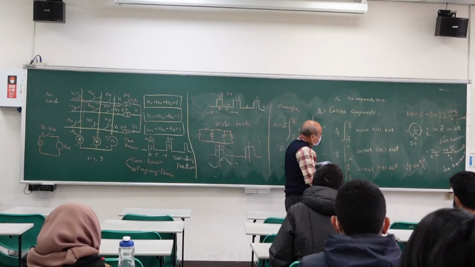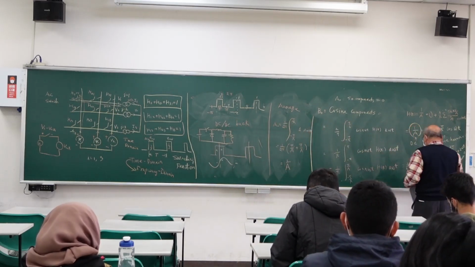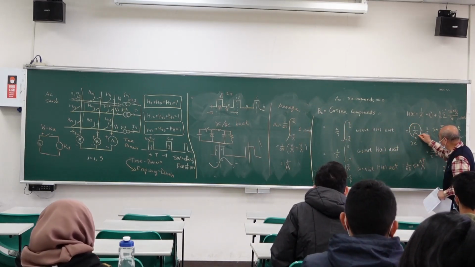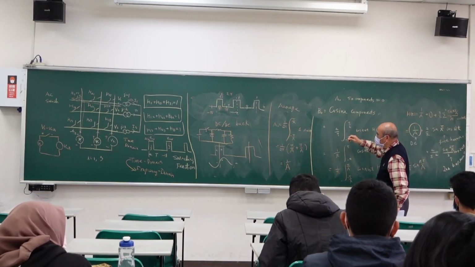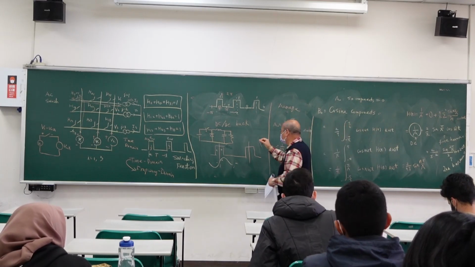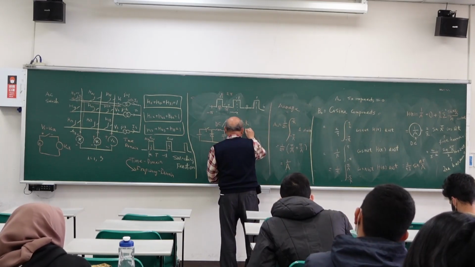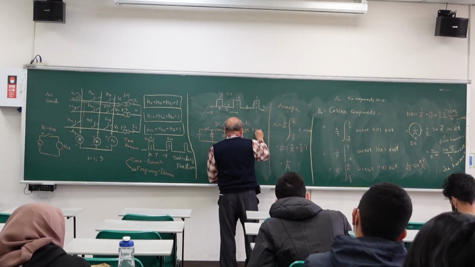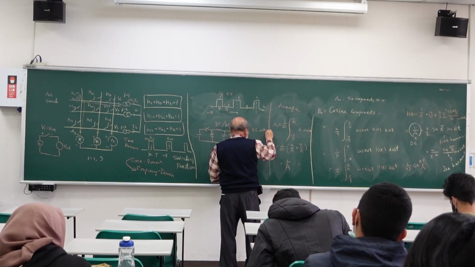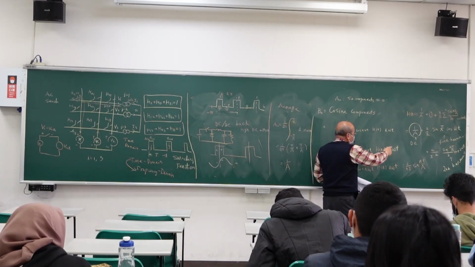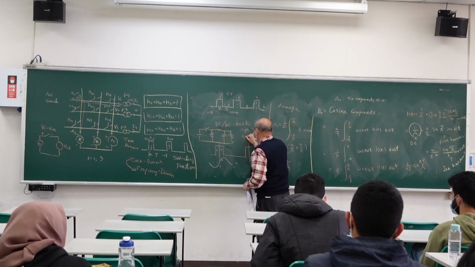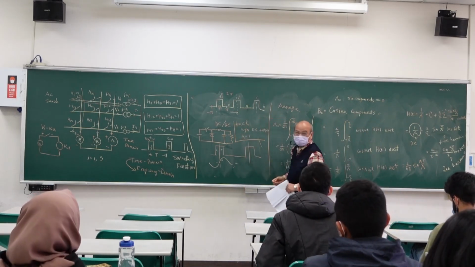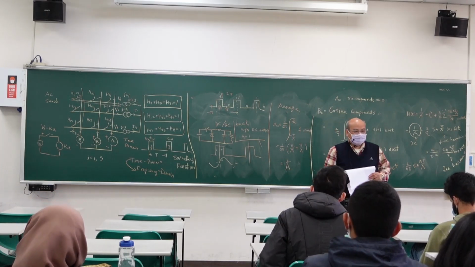So if you design DC to DC, what do you need? What do you want? You want the high DC. So if you design DC-DC converter, you need a high DC output. If you need a high DC output, A should be small. A should be equal to 1, right? Equal to 1.